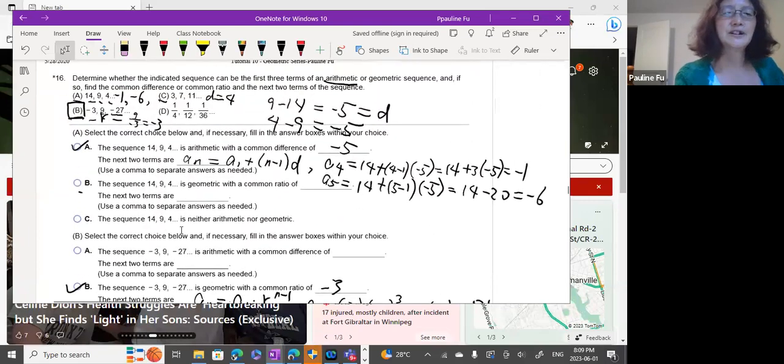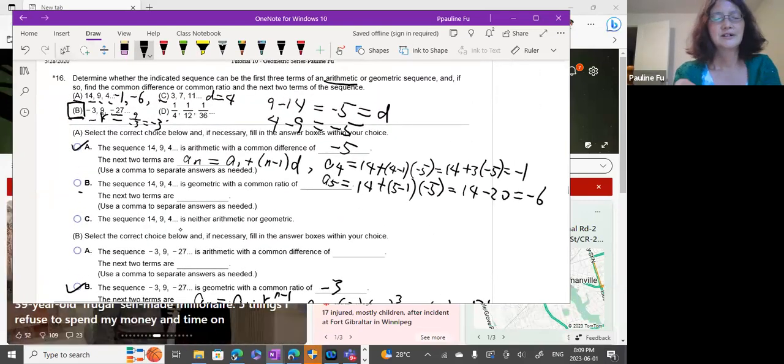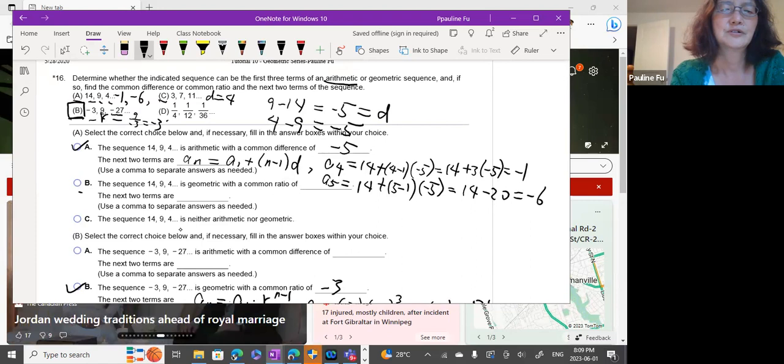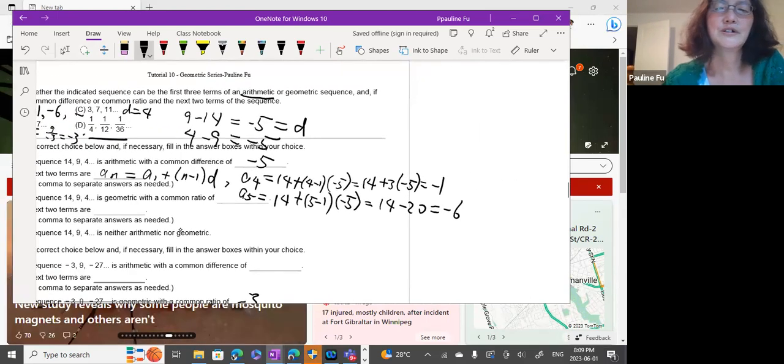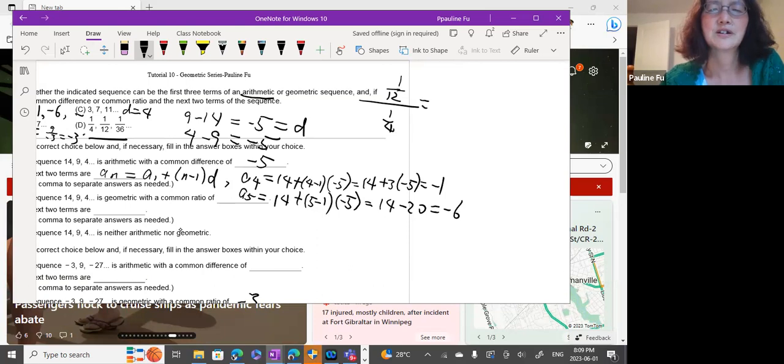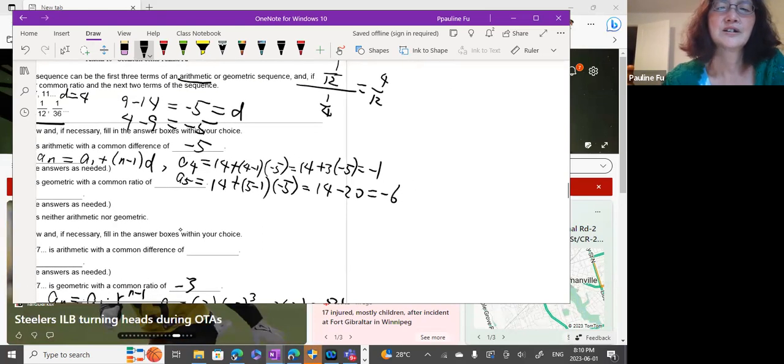And then for D. D is geometric, because when you do 1 over 12, the second term over the first term, you get 4 over 12, which is 1 over 3.